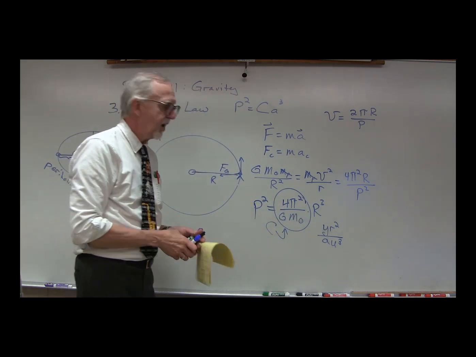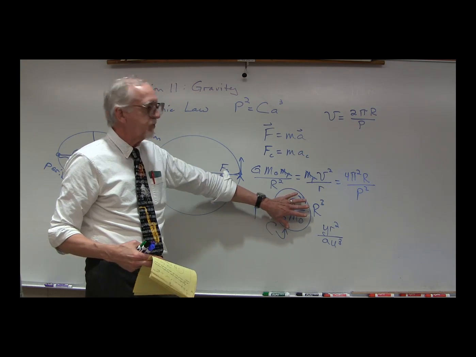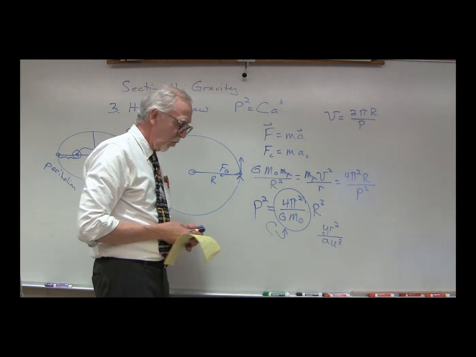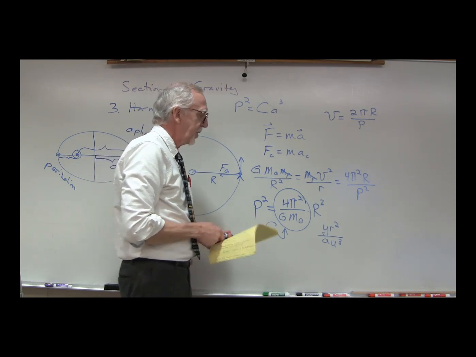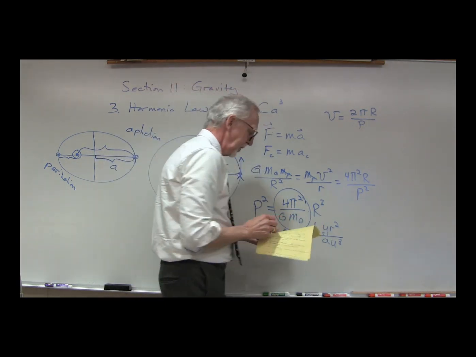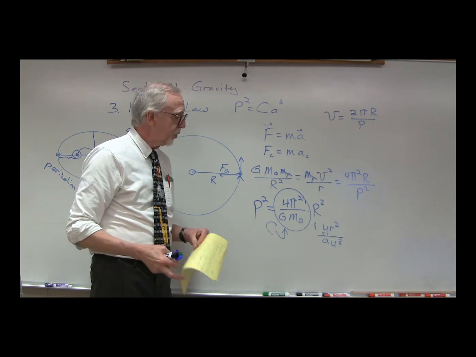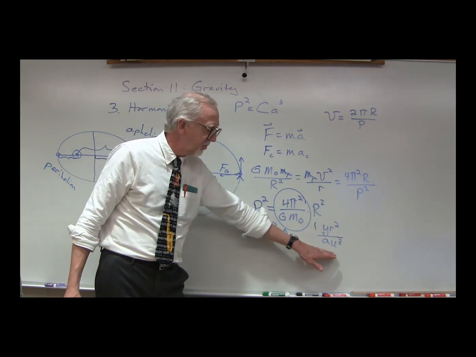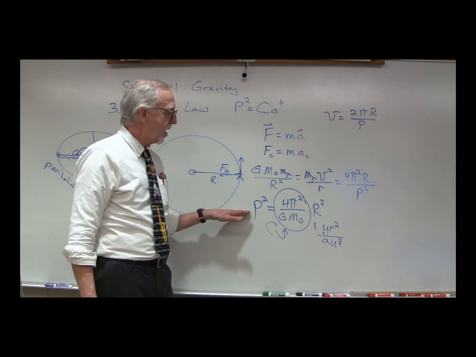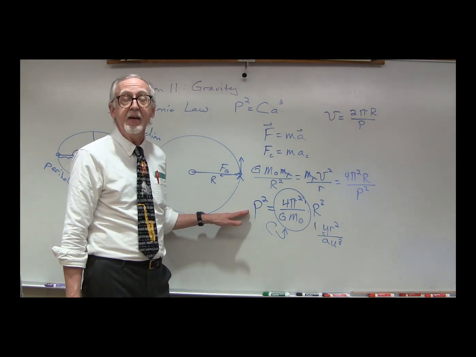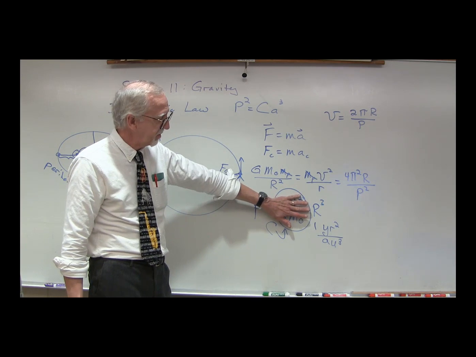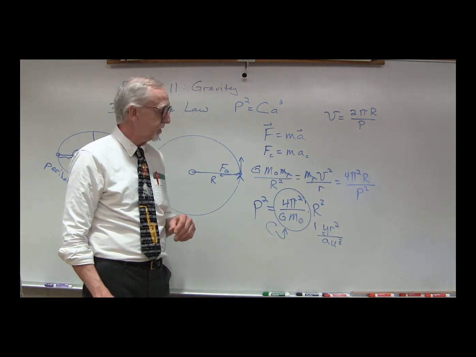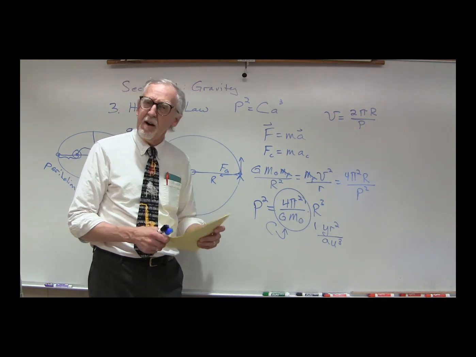So because of defining this quantity in terms of the motion of the Earth, we could just write C as 1 year squared per astronomical unit cubed. Which makes it very nice: if we want to put in the semi-major axis of some planet in terms of astronomical units, then our period will just turn out to be in years. So we don't have to worry about this value because it's just 1 if we use units of years and astronomical units. All right, very, very good.